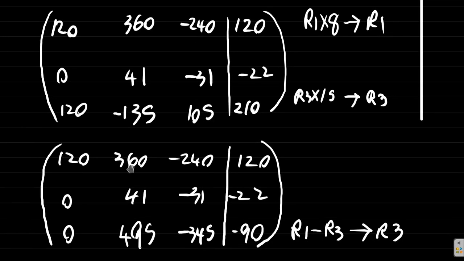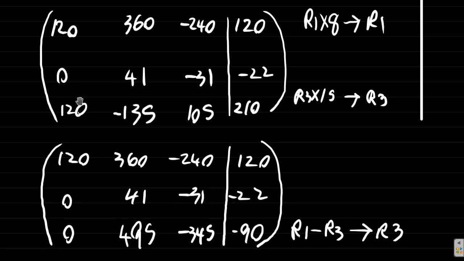Then after that, we keep row 1 as it is. 120, 360, negative 240, 120. We keep row 2 as it is. 0, 41, negative 31, negative 22. We say row 1 minus row 3. 120 minus 120 is 0. Then 360 minus negative 135 gives us 495.